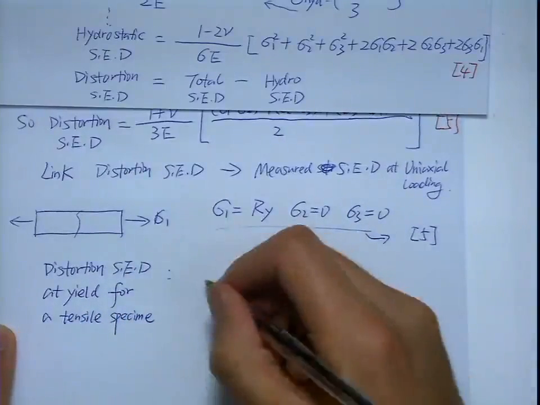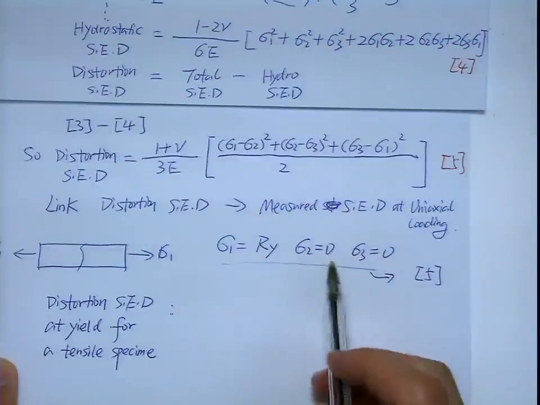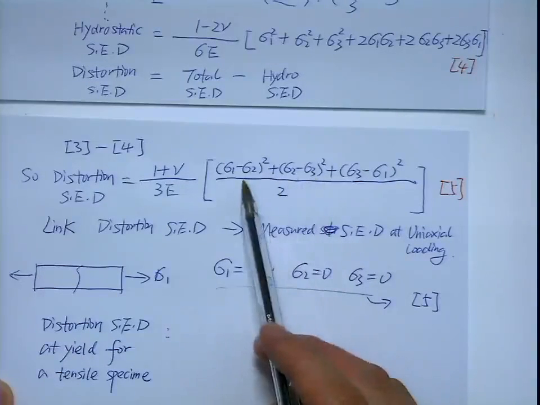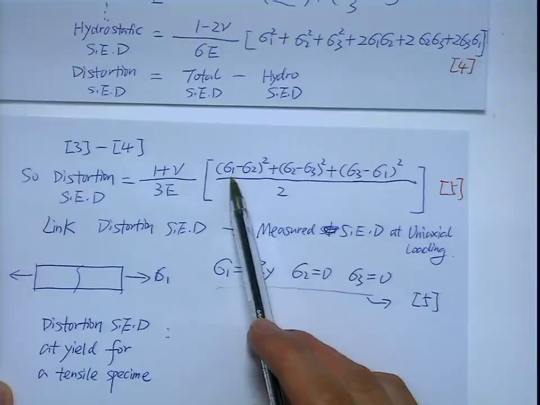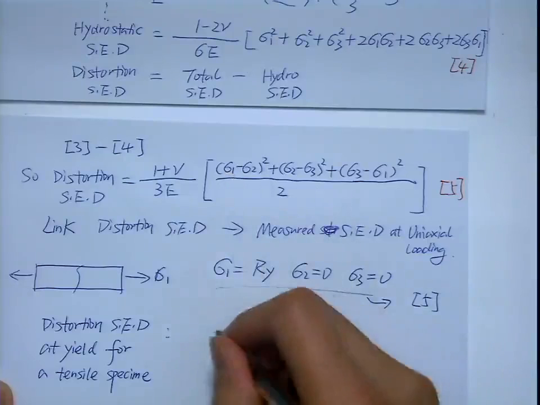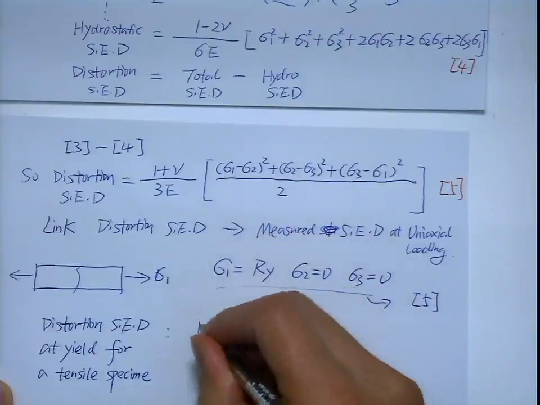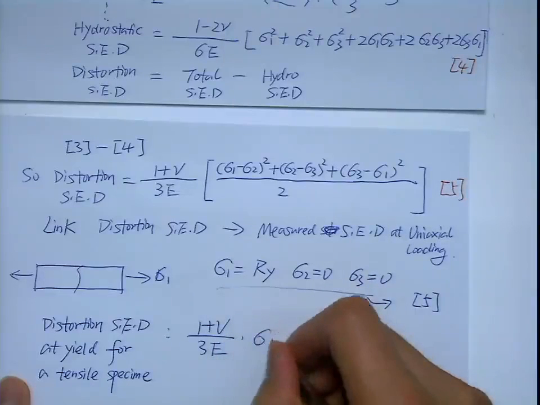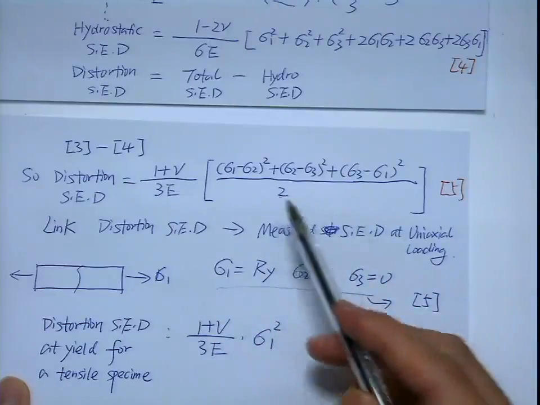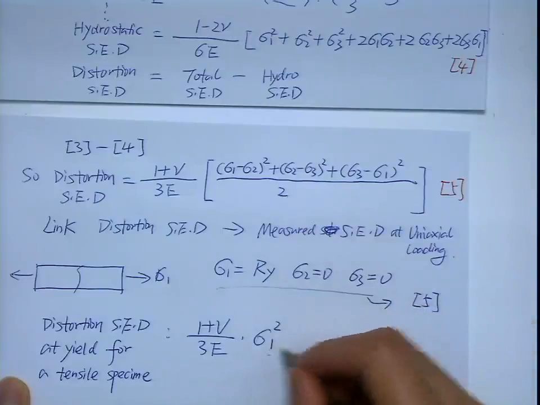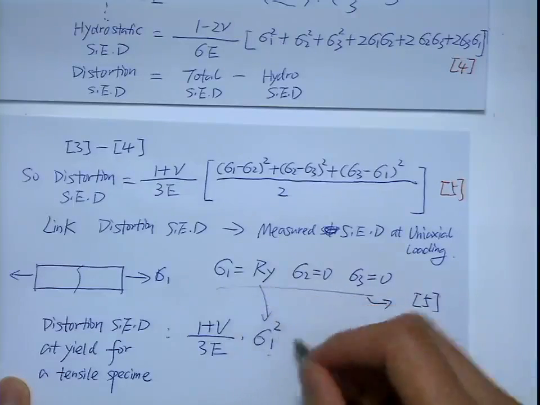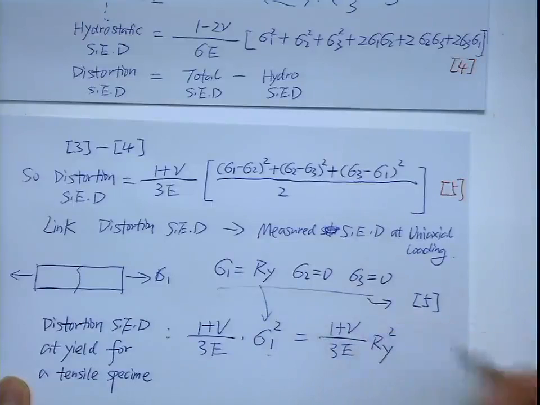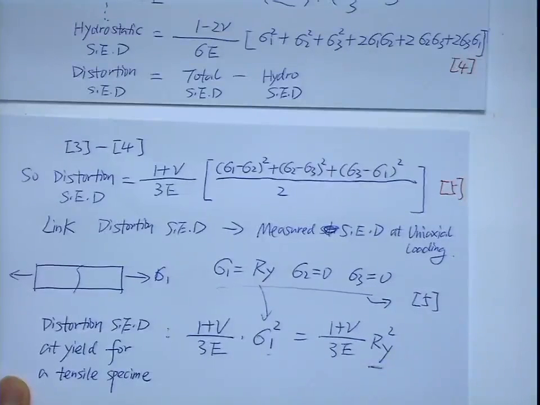Okay, which give you, if you do that, sigma 2 going here 0, sigma 3 0. So it's much simplified. You only end up have this sigma 1 term, which have 2 in the end is 1 plus mu times sigma 1 squared. And sigma 1, you can put that in, is equal to Ry squared. Okay? This is the thing you measured.